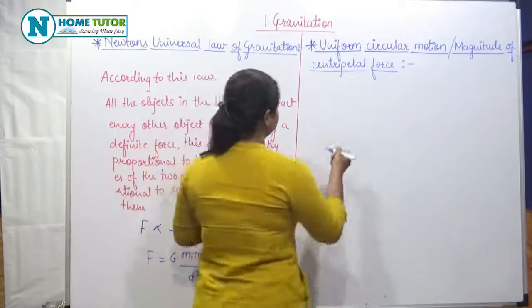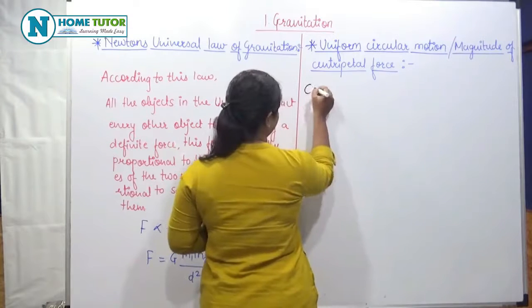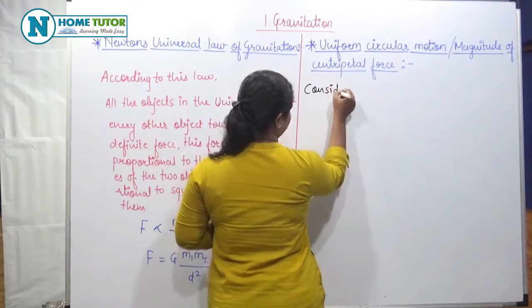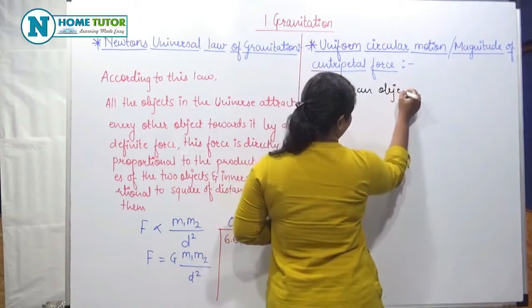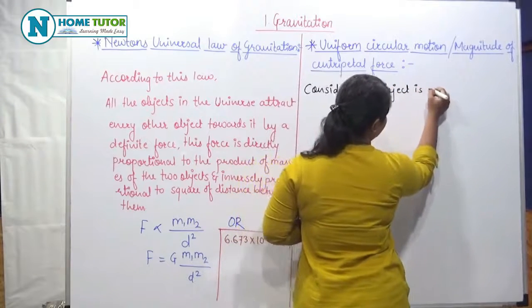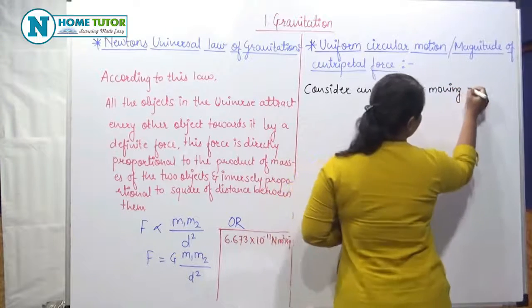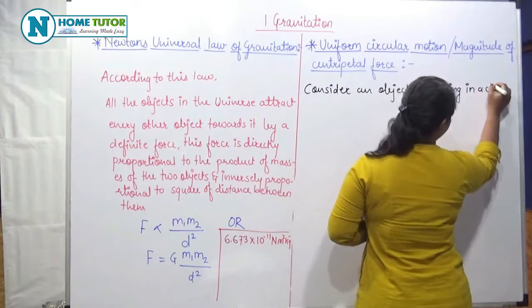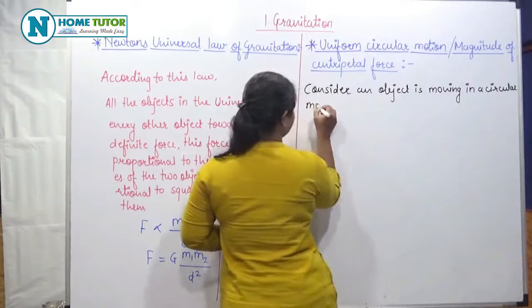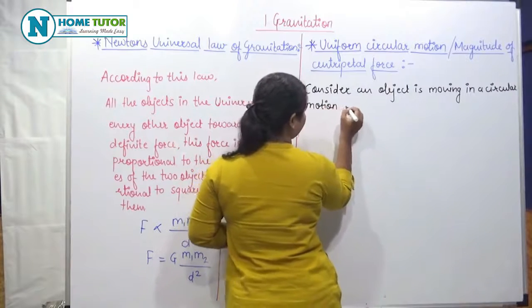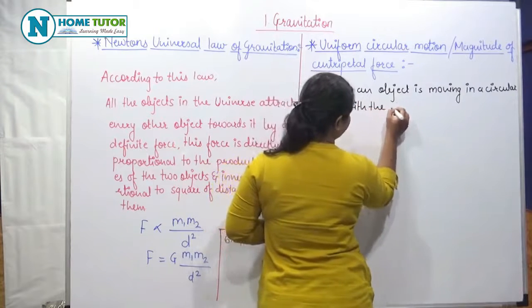So for this, consider an object that is moving in a circular motion with a constant speed.